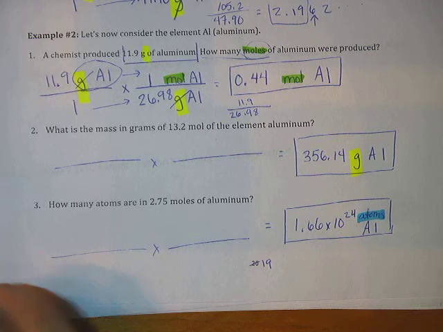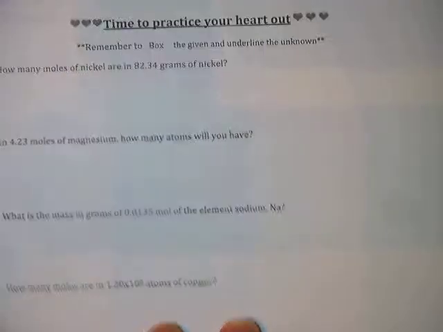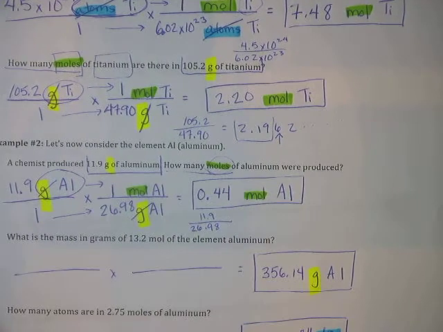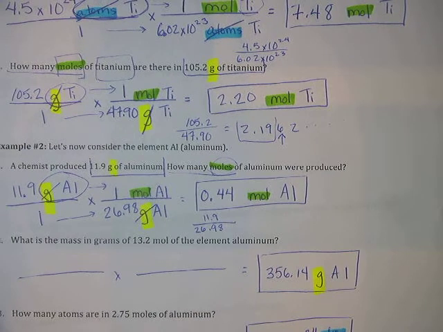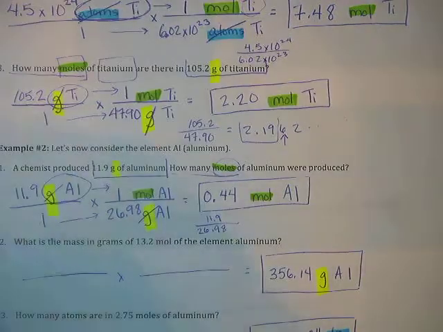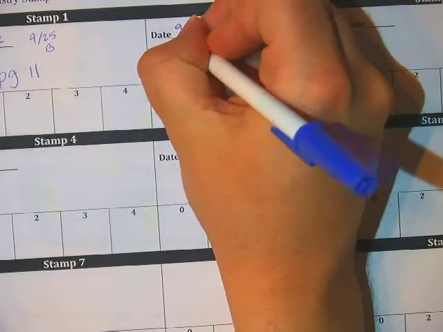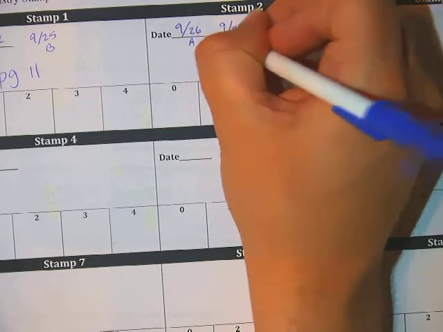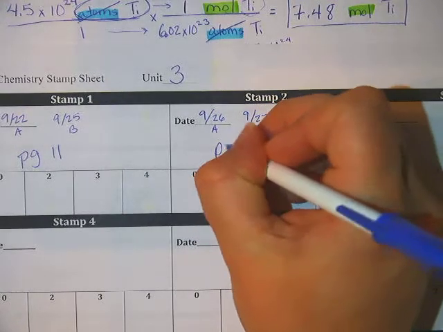After you do that, you're going to have some time to work on page 20. And if you go to your stamp page real fast, your stamp for the day, which I believe today should be, depending on if it's an A day or a B day, either the 26th or the 27th, is going to be completing page 20.